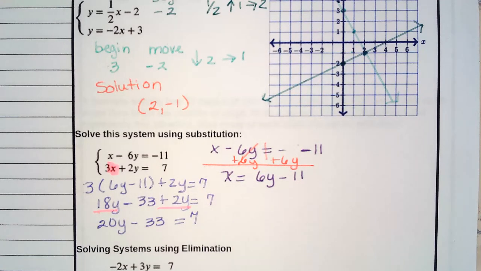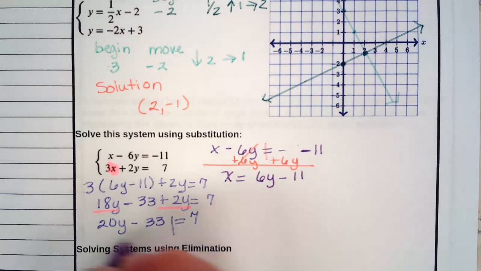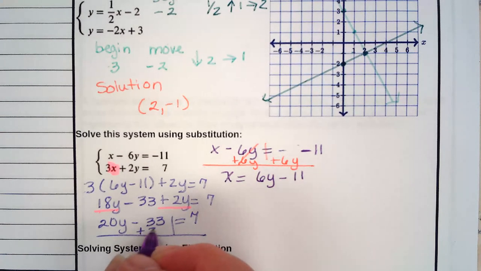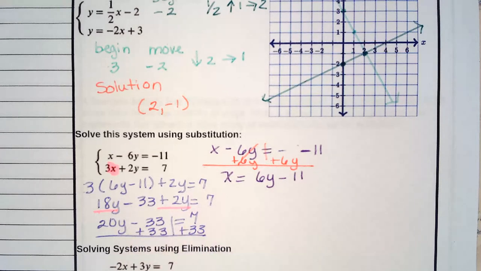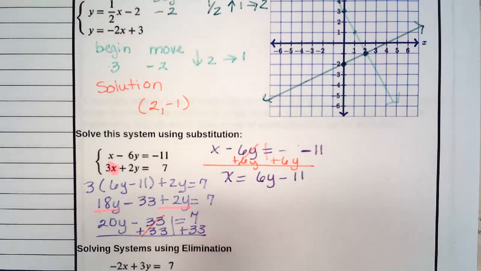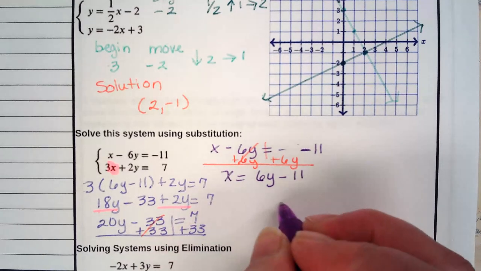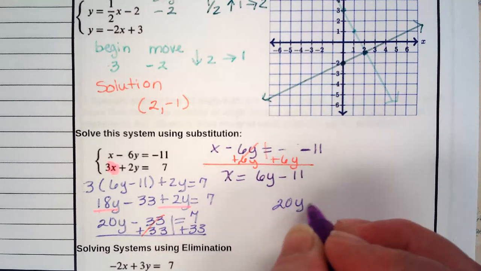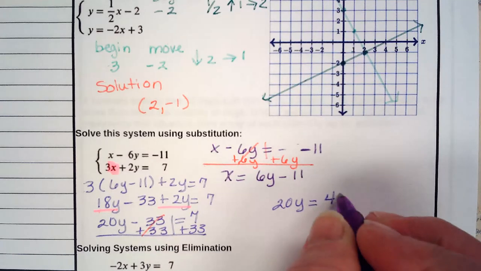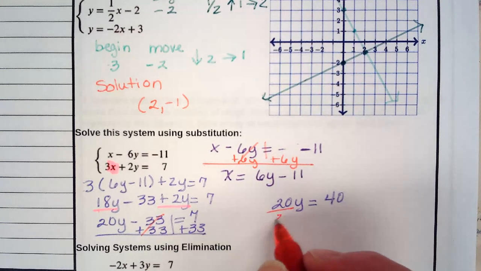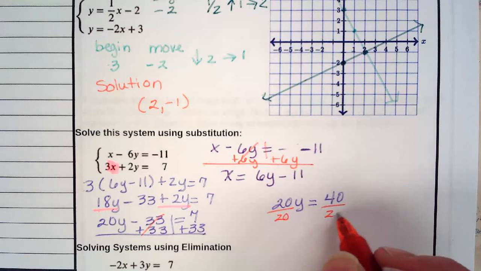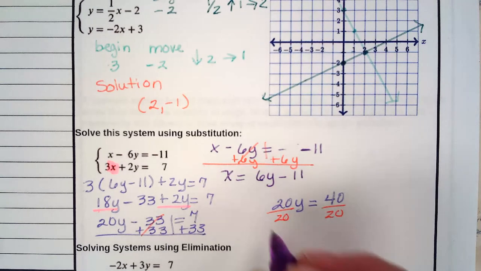Now how do I finish solving? I will add 33 to both sides. 20y is equal to 40. Divide both sides by 20. And y is equal to 2.